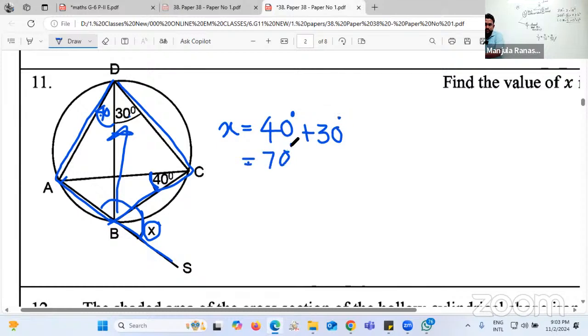So what are the theorems we used here? Angles in the same segment are equal, and the cyclic quadrilateral exterior angle theorem: the exterior angle formed equals the interior opposite sum. Right, so that is done. Now we move to the next question.